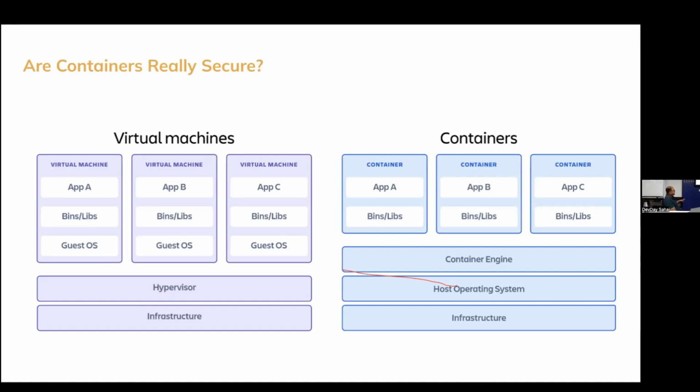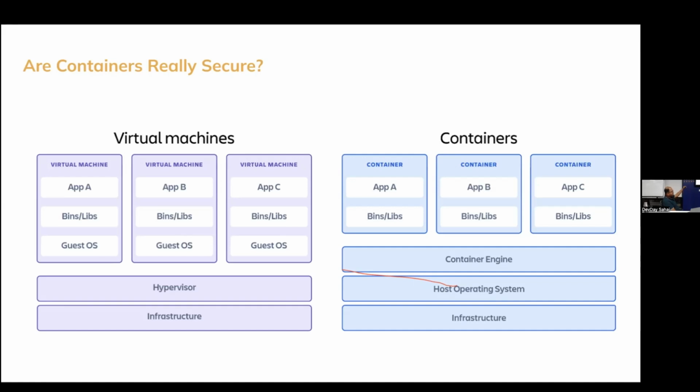So one major difference that I see is the host operating system. It's shared between all the containers. So if you compare the security of a container to a virtual machine, it is less secure.